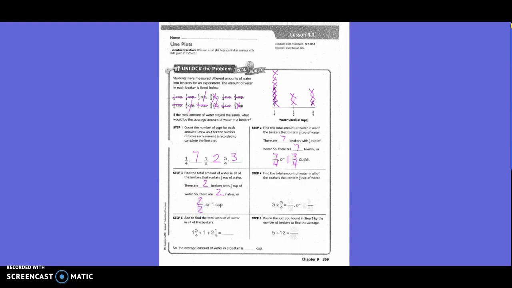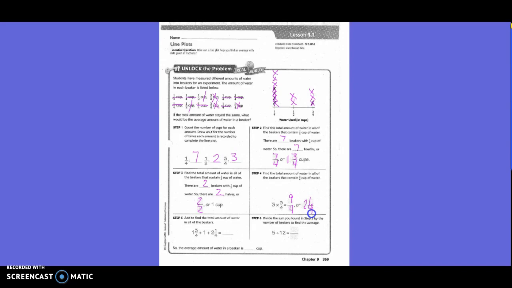Find the total amount of water in all of the beakers that contain 3/4 of a cup of water. So how many were there of 3/4? 3. So they took 3 times 3/4, which is also equal to what? 9/4, which is also equal to 2 and 1/4.